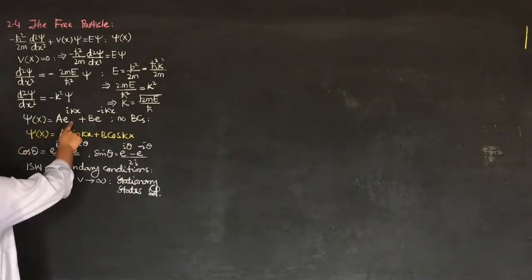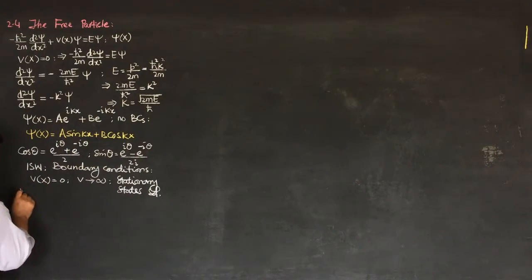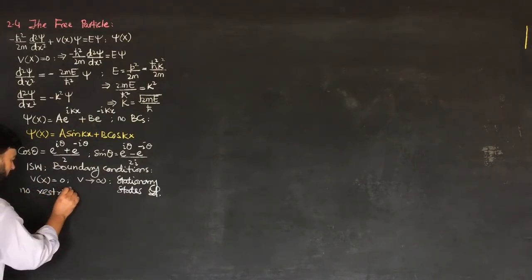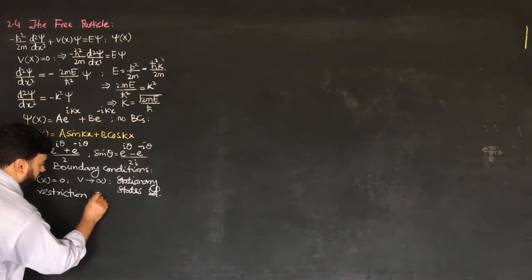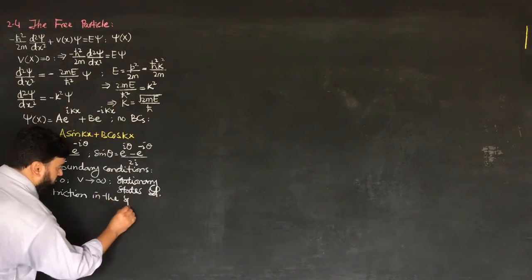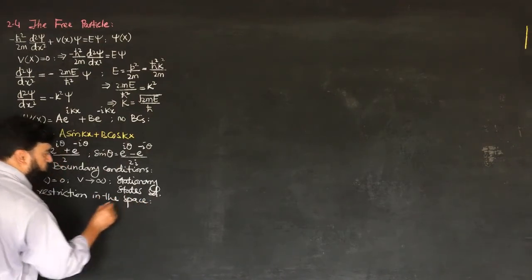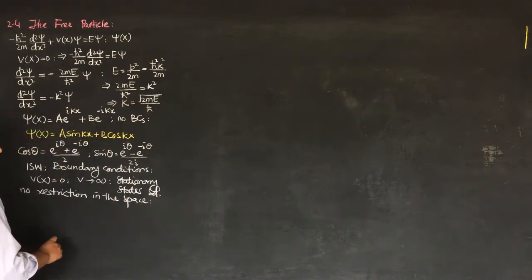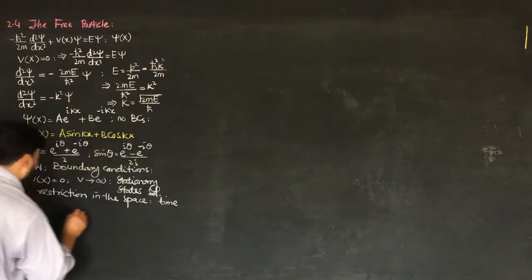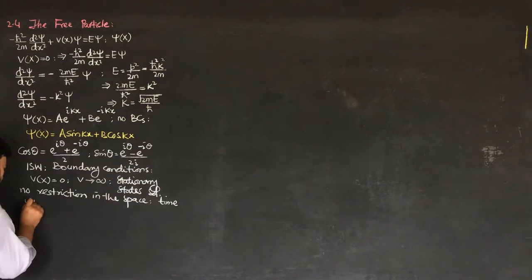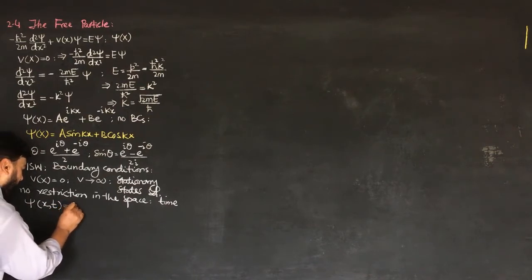So what about this particle? When it is having no restriction in the space, then what will happen to the wave function of this particle with respect to time? Meaning if you leave the particle at time t0, then what will be the status of the particle after time t?